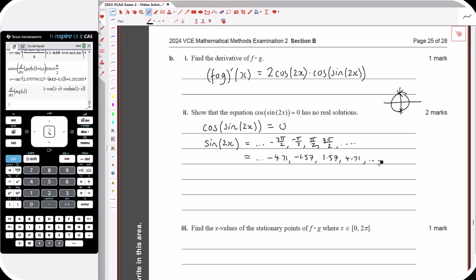And none of these values are between -1 and 1. Okay, so what we know is sine 2x is somewhere between -1 and 1.